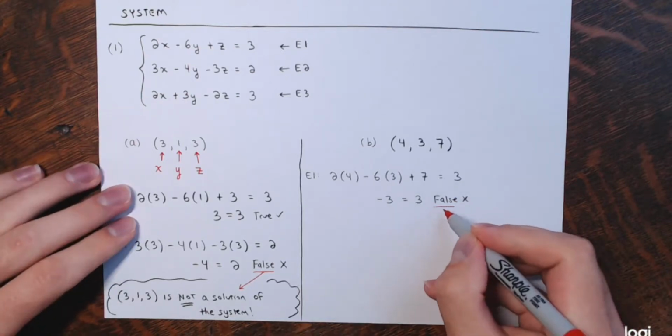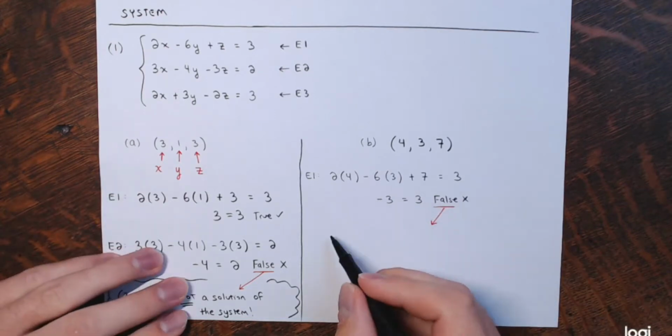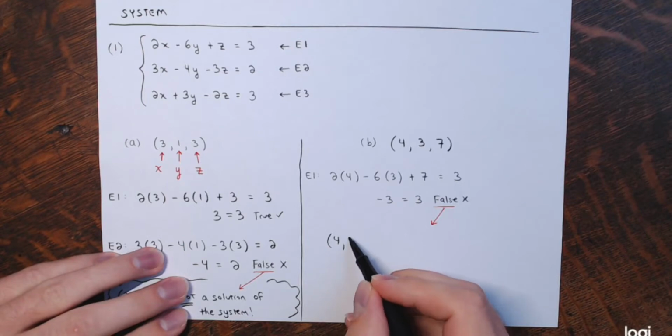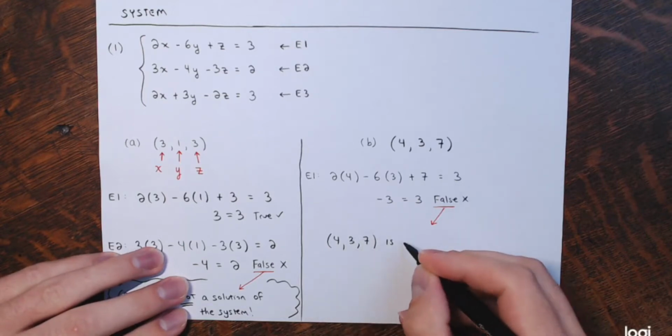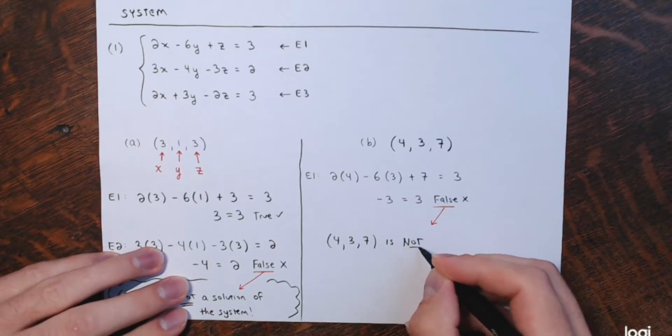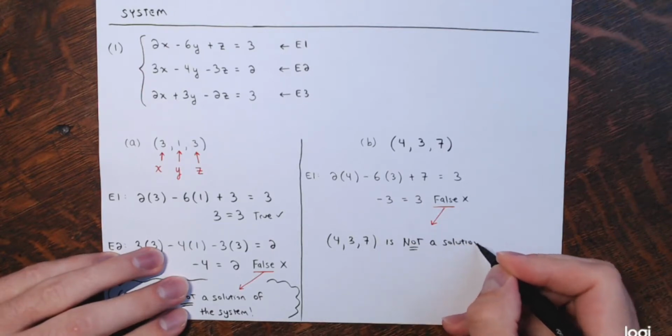And I can stop now. This is a false statement, so that means this ordered triple 4, 3, 7 is not a solution of the system.